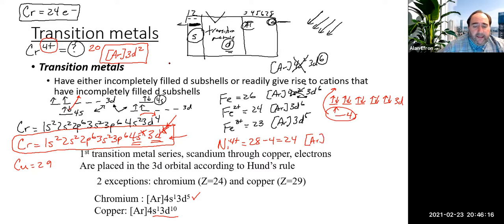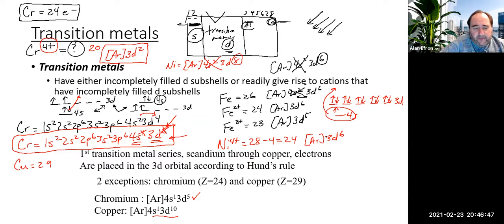And normally nickel is argon 4s2 3d8. So losing those 2 electrons and another 2 out of here would leave us 3d6. So this is really specific for transition metals. They always lose those s electrons first, followed by going into the d's if necessary.